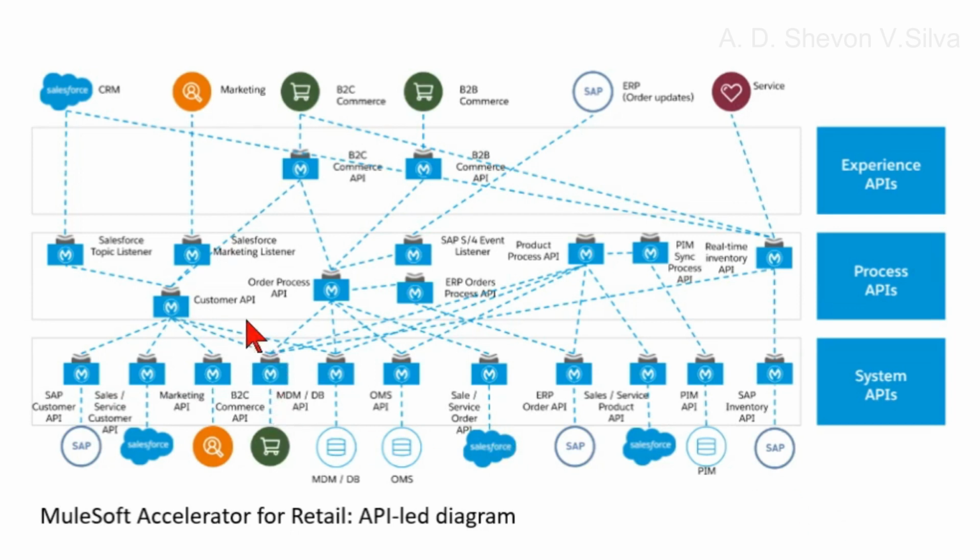Accelerator Customer Process API. The Customer Process API orchestrates the data flow between different systems.